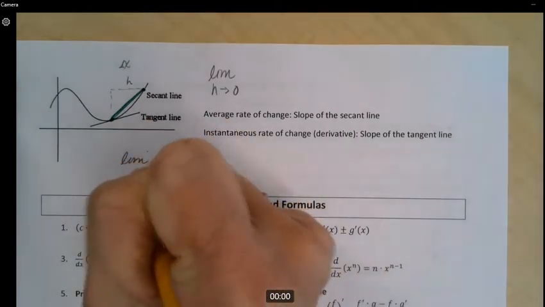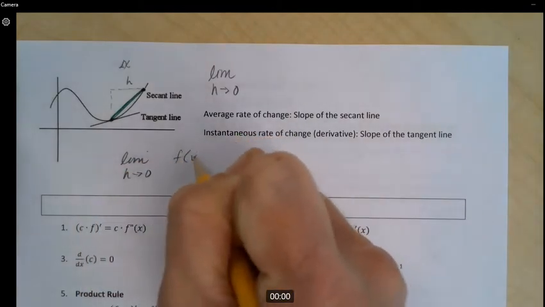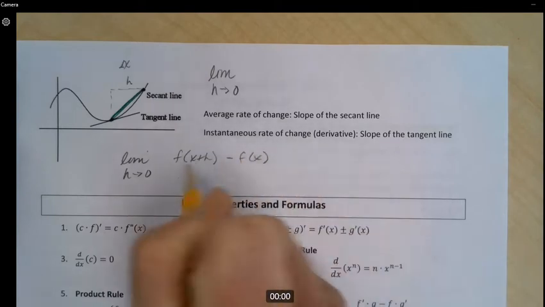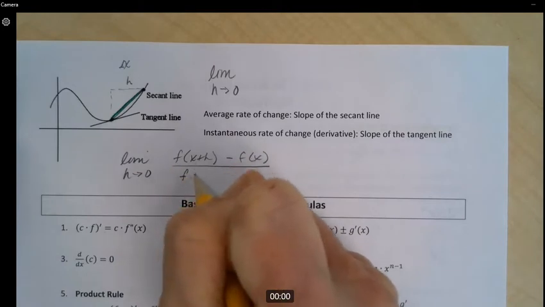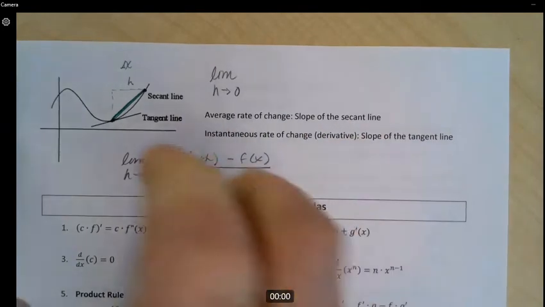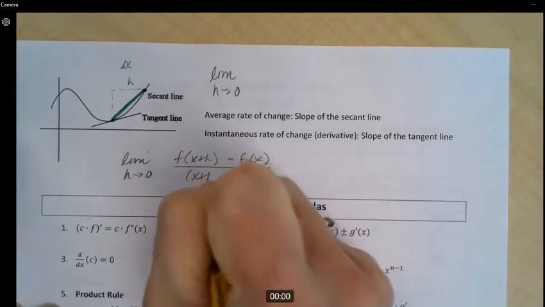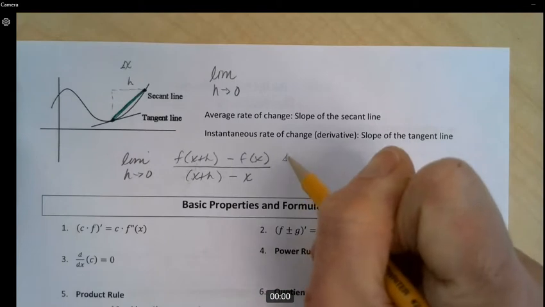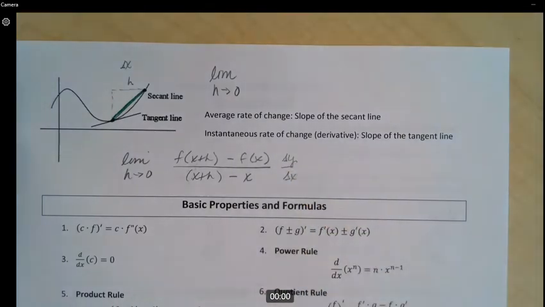So when I take the limit as h approaches 0, I'm taking my original function and putting it through the slope function with f of x plus h minus f of x, over h. This is the same as my change in my output compared to my change in my input.